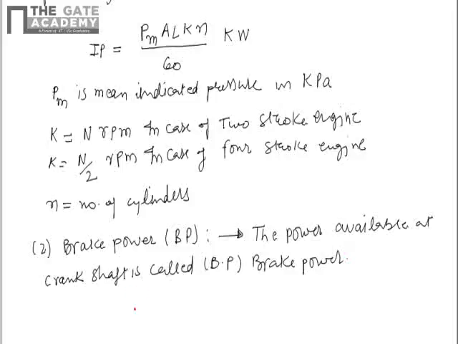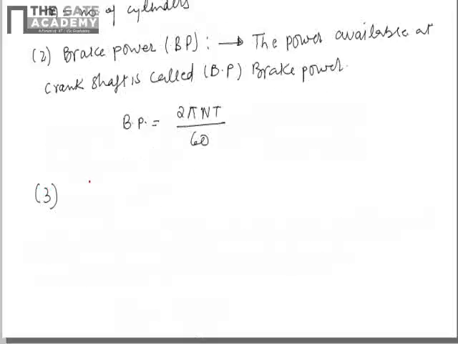Brake power we can calculate with the formula 2 pi NT by 60, where N is the number of revolutions per minute and T is the torque. Now the relationship between IP and BP: IP equals BP plus FP, where FP is frictional power.